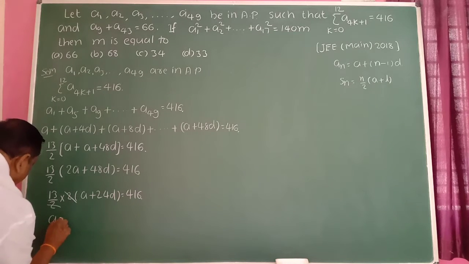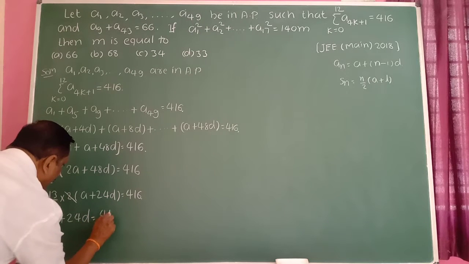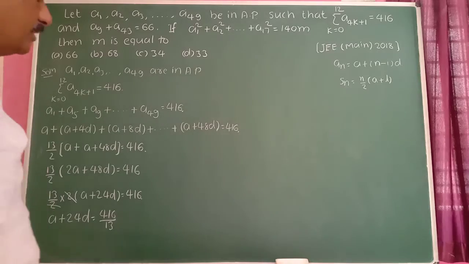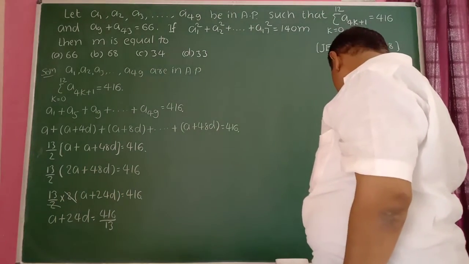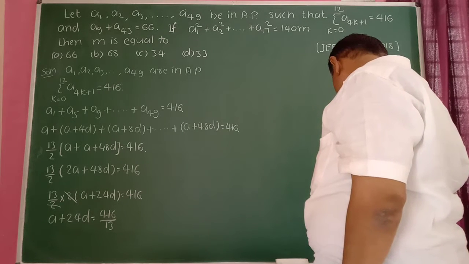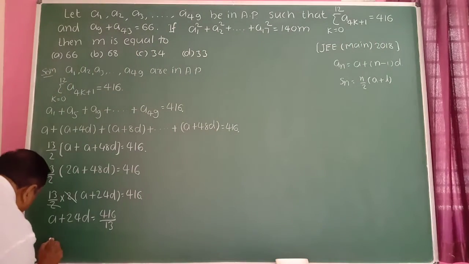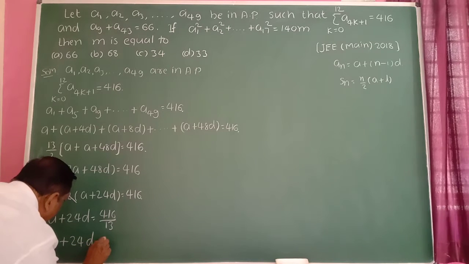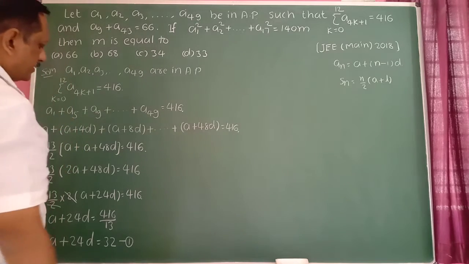So A plus 24D is equal to 416 divided by 13. If you divide 416 by 13, you will get 32. Therefore, A plus 24D is equal to 32. Take this one as equation number 1.